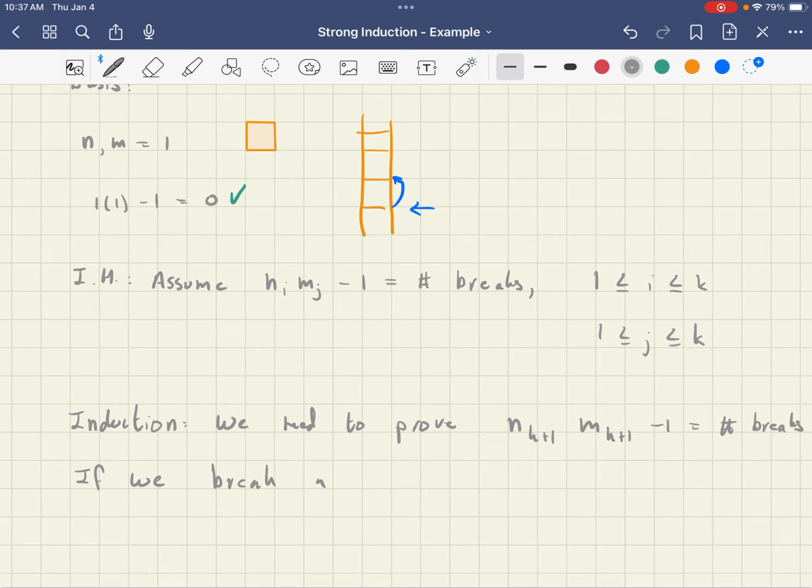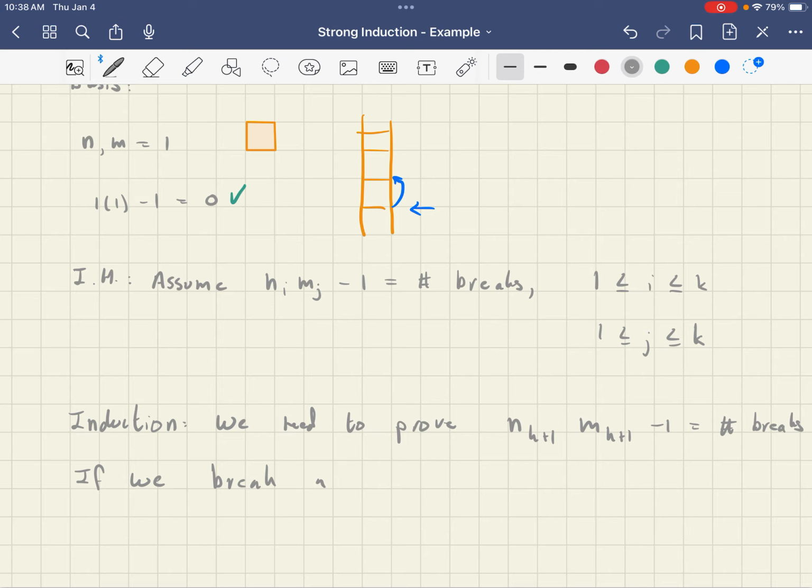If you just think about it in your mind's eye, we break a chocolate bar in half, or it doesn't have to be half necessarily, we just break it into two pieces, we get two new bars. Say we break it along the n axis, then we'll have two smaller bars. One's, say, n1 times m, the other one is n2 times m.